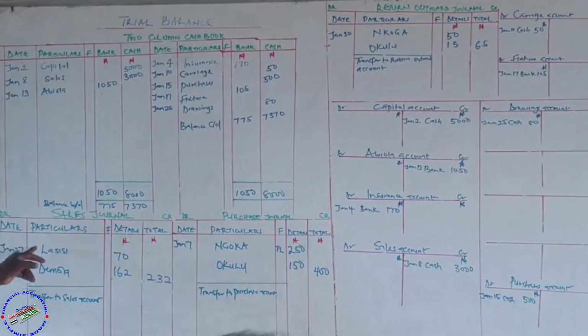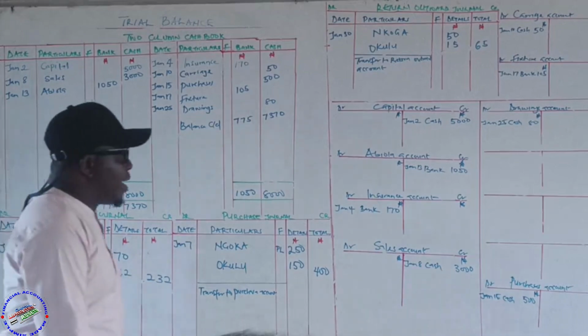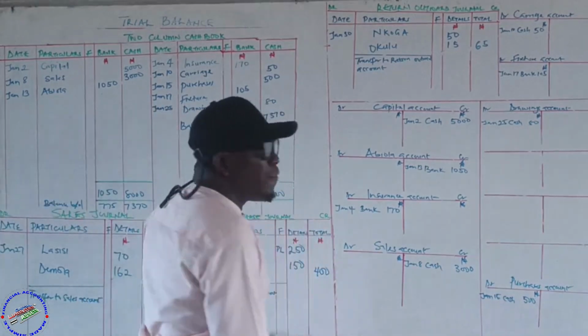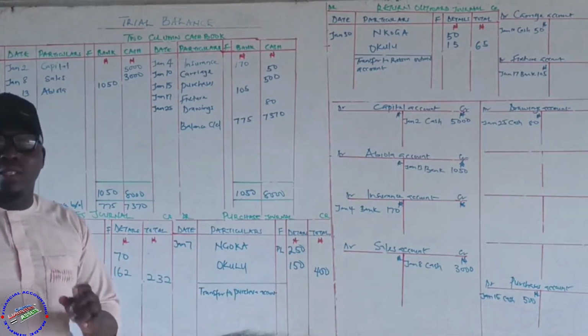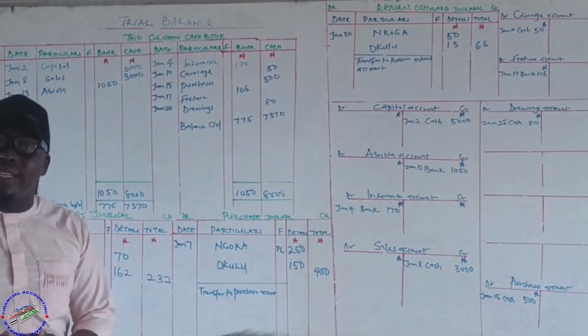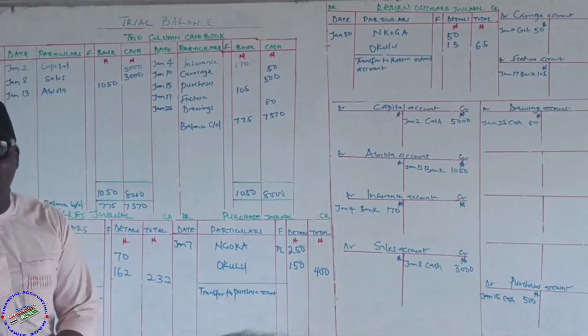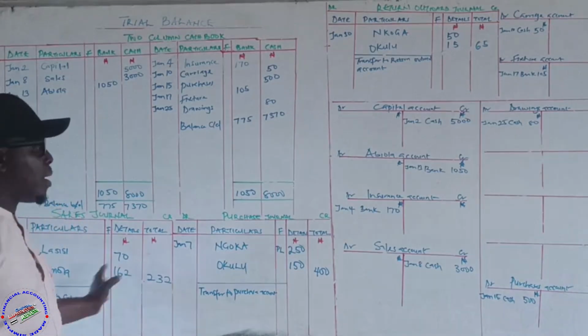So we have Lasisi, we have Demola, and we are also going to prepare the two accounts of these people. So here, the rule of sales journal is to debit the individual account and credit the sales account. So that same rule is what we are going to apply here.